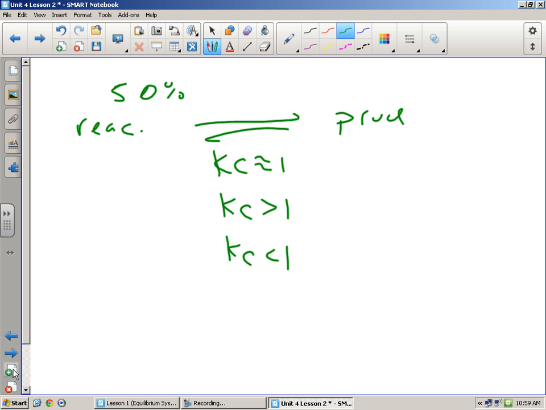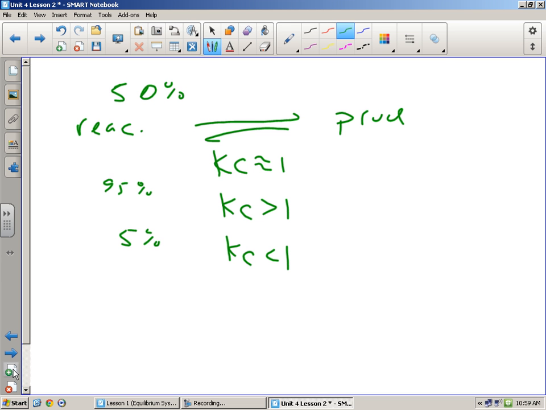And we would say that maybe only 5% of the reactants have reacted to give me some products. These are extremes probably. 95% of them probably stay as reactants. That's what the Kc value tells you, basically where you are in this progression.